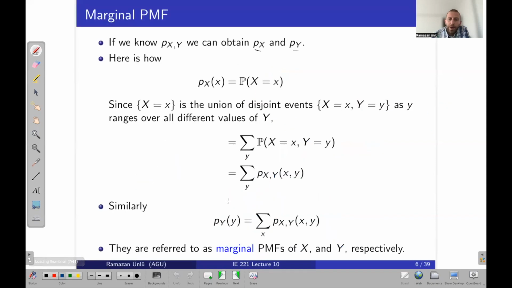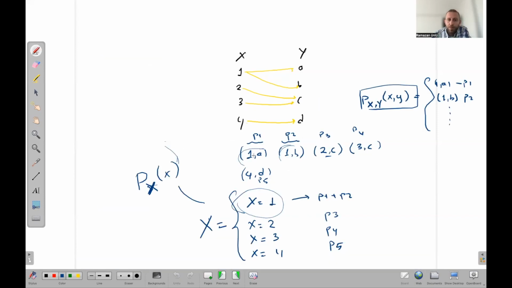Here we are doing the same thing, since X is the union of disjoint events. For example, for this one, X is the union of these two.